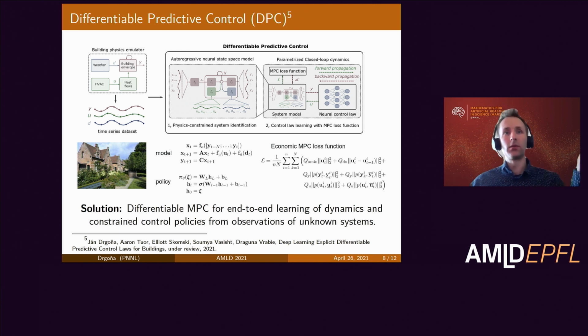So the methodology is as follows. We observe the behavior of the system for a time period. We learn this physics constrained neural state space model, which is now basically represented by structured constrained neural networks. It's fully differentiable.